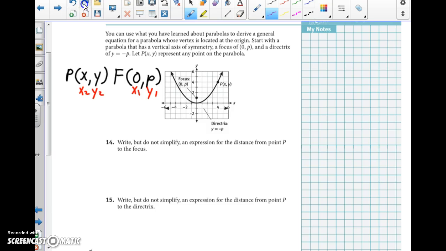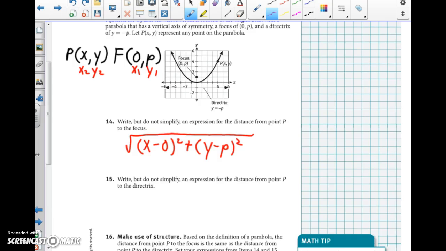So the distance would be the square root of (x sub 2 minus x sub 1) squared, which is (x minus 0) squared, plus (y sub 2 minus y sub 1) squared, which is (y minus p) squared.